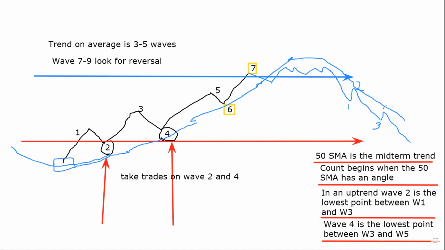The next retrace back towards the 50, the highest point in this case that it goes back to the 50 is your wave 4. Then as it goes back down again, as long as there's a full body below 3, this is going to be your wave 5 before it pulls back again.